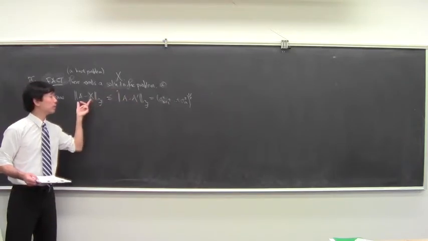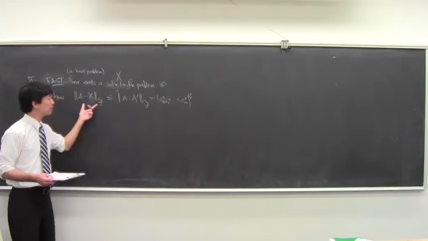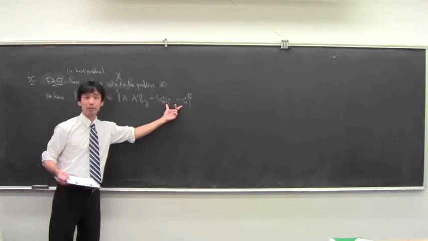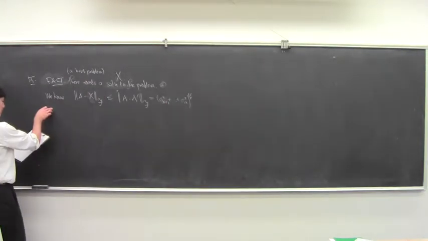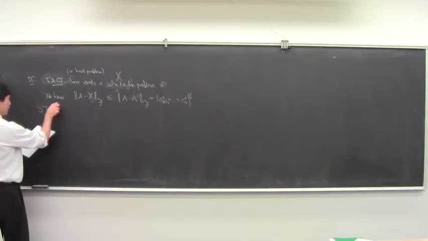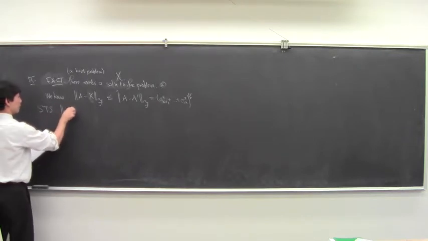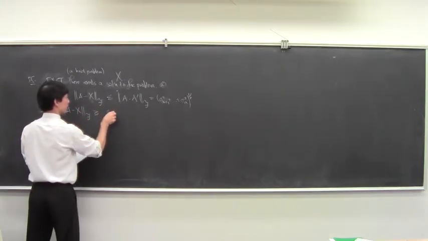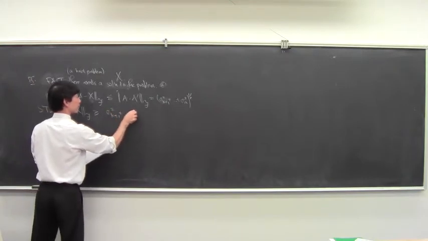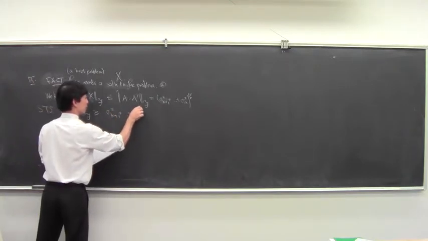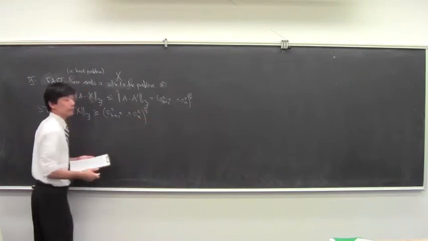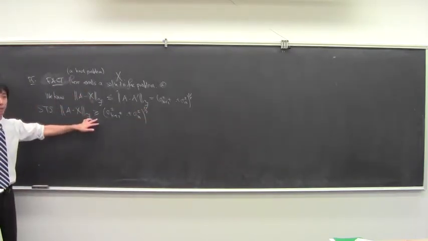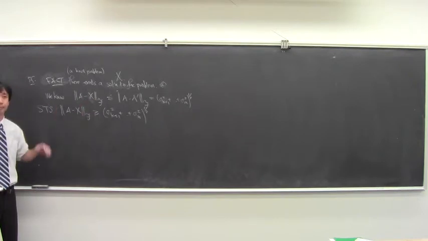So it suffices to show then that the distance is greater than or equal to this thing here. We've already noted that it's less than or equal to. If we show it's greater than or equal to, then it must be equal to.